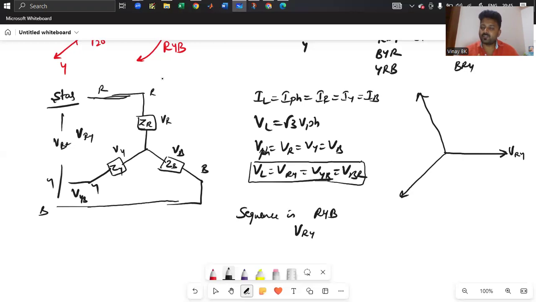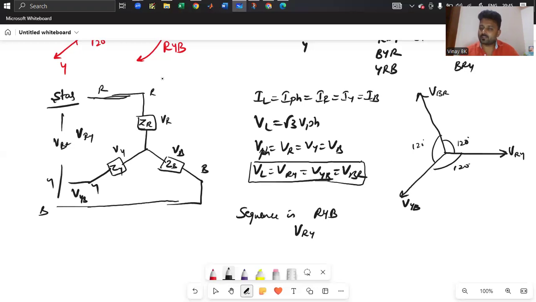Sequence is RYB means you need to write the line voltages in clockwise direction. VRY, the next line voltage is VYB in a clockwise direction, and the next is VBR in a clockwise direction. And the phase difference is always 120 degree. Then you need to write the values of voltages.